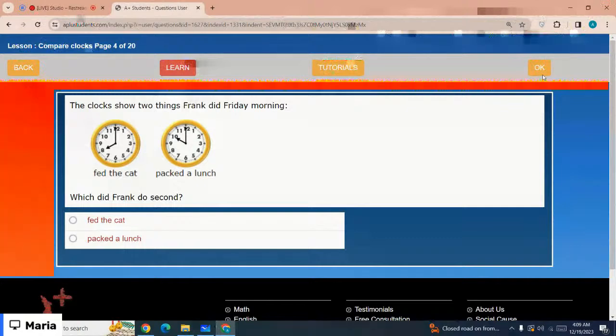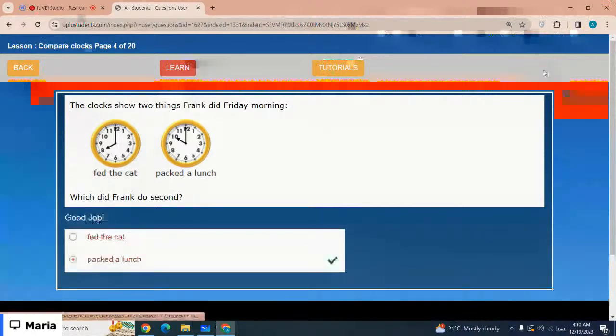He did two things, right? Fed the cat at 8 and packed a lunch at 10. So obviously he did the lunch at 10, right? So that is the thing he did the second one. First he fed the cat at 8 and at 10 he packed the lunch. So the correct option is packed a lunch, right?